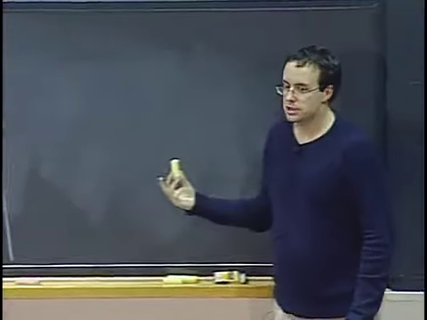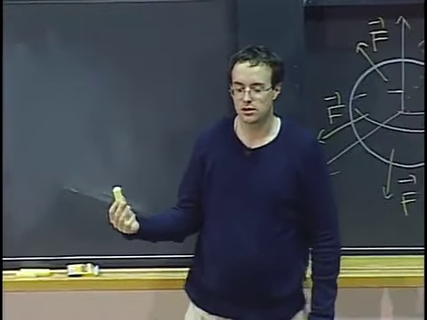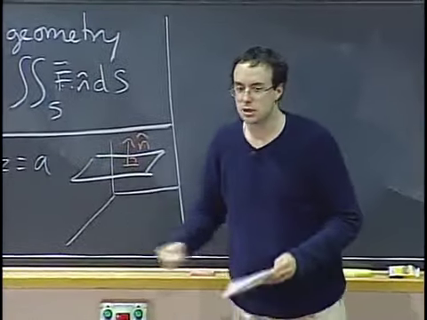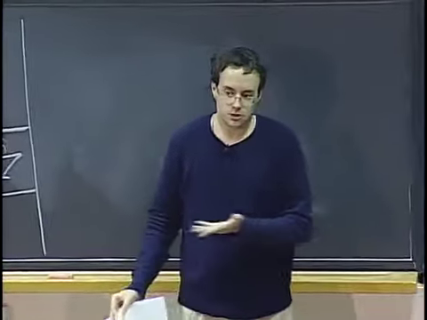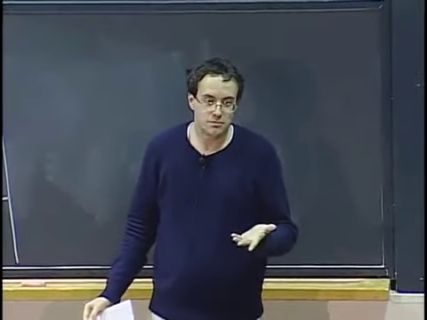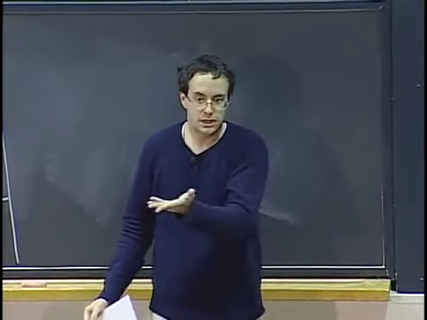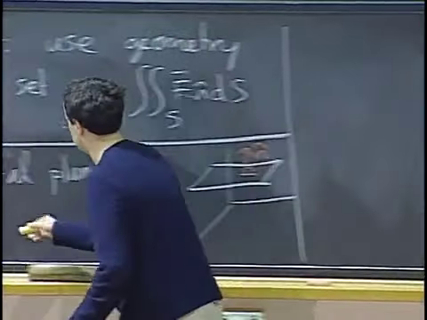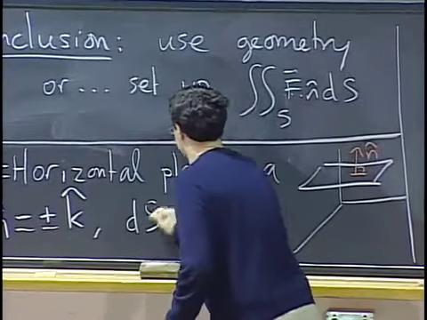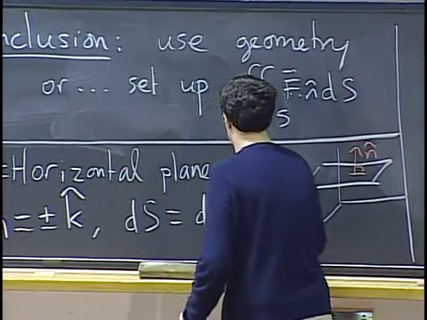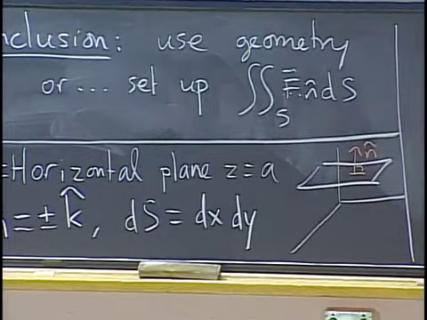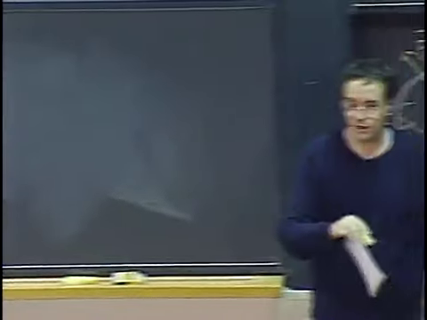Now, what about dS? Well, it's going to be just the area element in a horizontal plane. It looks like it should be dx dy. If I'm moving in a horizontal plane, to know where I am, I should know x and y. So dS will be dx dy. If I play the game that way, I have my vector field F, I do F dot n.